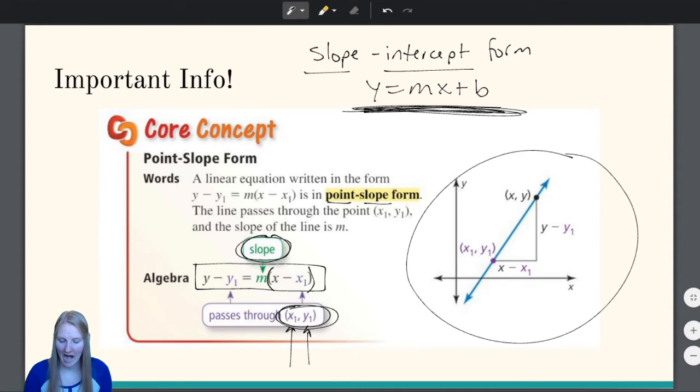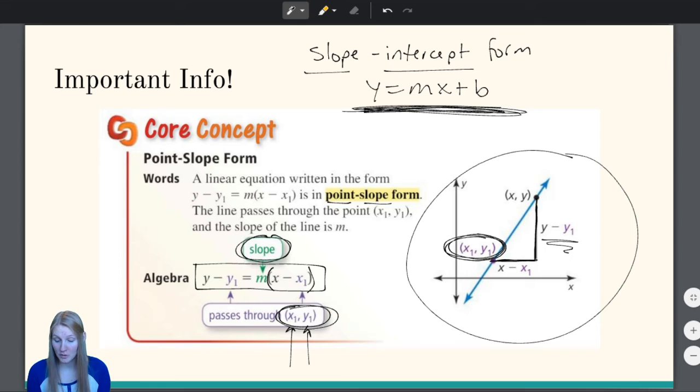On a graph, this is what point-slope form looks like. We have our point that they are giving us. They're going to give us 1 point, and then they also give us the slope. And remember, the slope is equal to the difference in y-coordinates over the difference in x-coordinates.